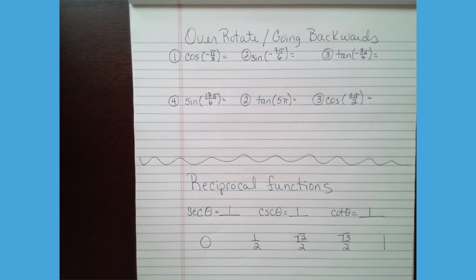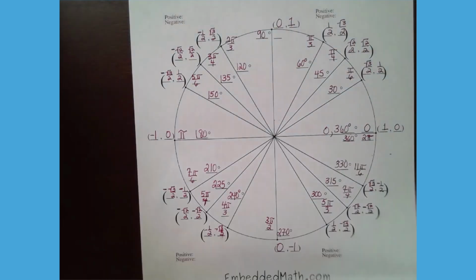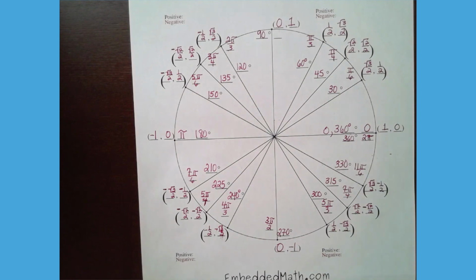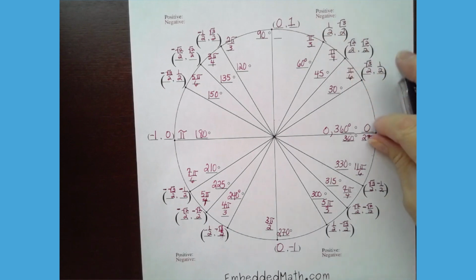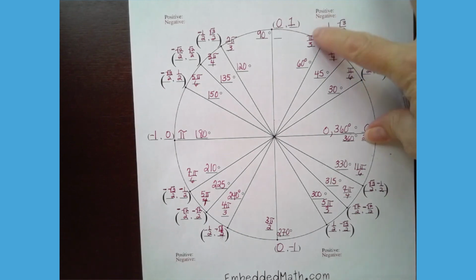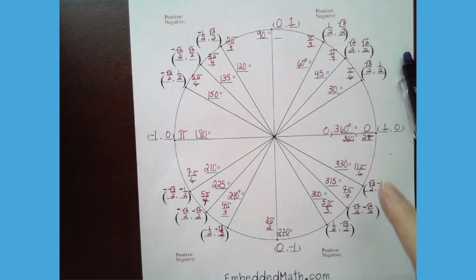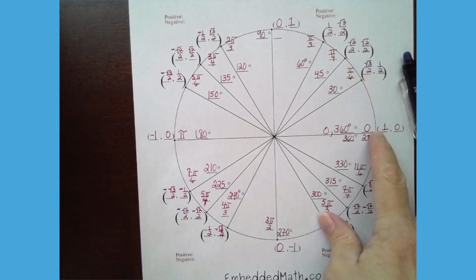The whole length of the arc is positive pi thirds. I have to go that same distance backwards. Wherever I land, the cosine of where I land is the answer to my question.